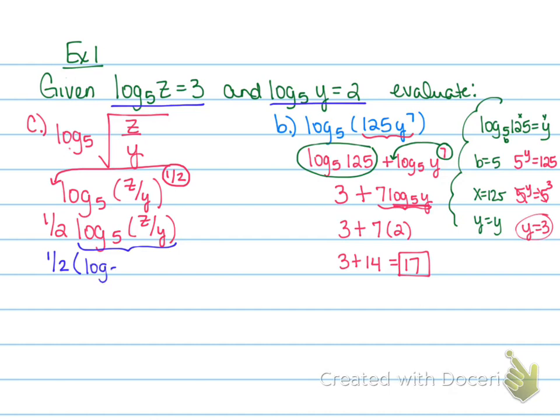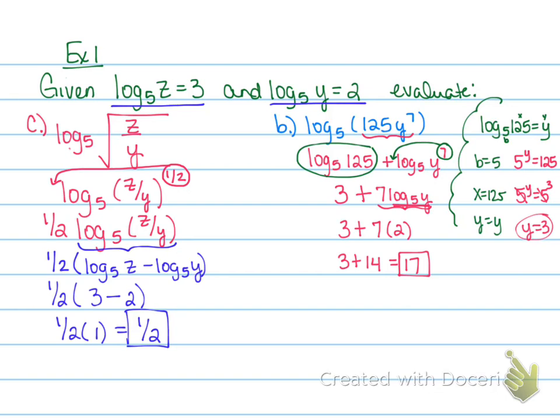So we're going to take log base 5 of the top minus log base 5 of the bottom. Well, so then I have 1/2 times. I could distribute the 1/2 if I wanted to, but we already know what log base 5 of z is. It told us in the directions that's equal to 3, minus, we know that log base 5 of y is 2, and so we can just work this out. So 1/2 times 1, which is 1/2.